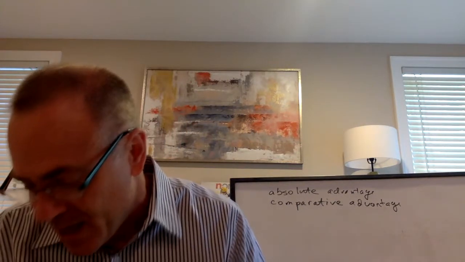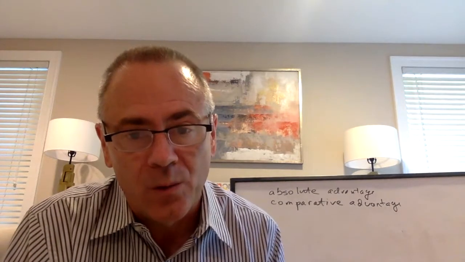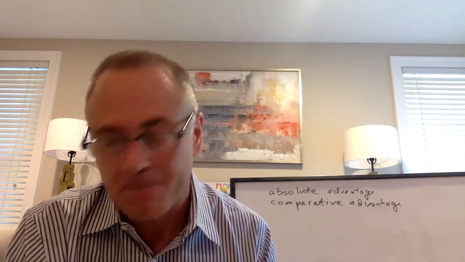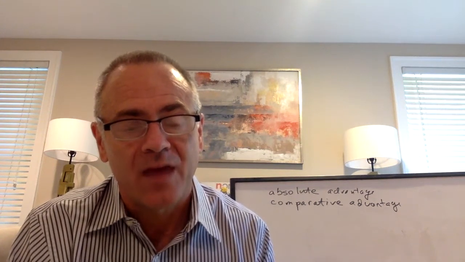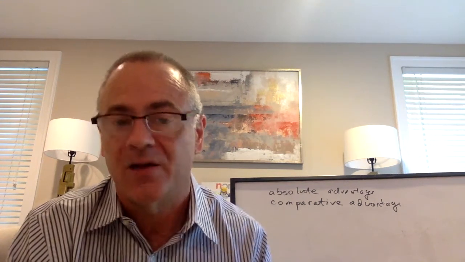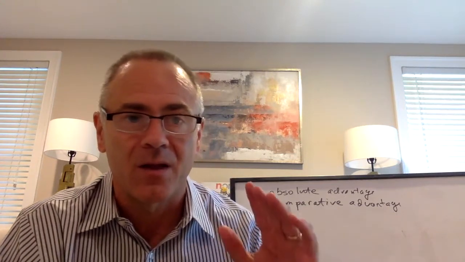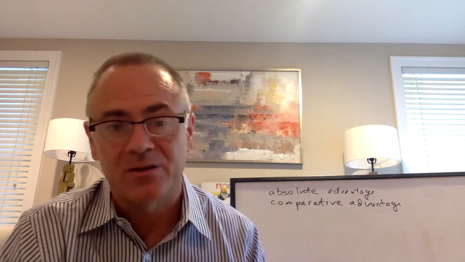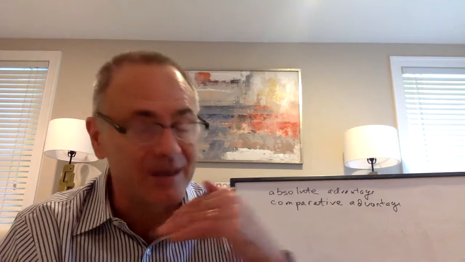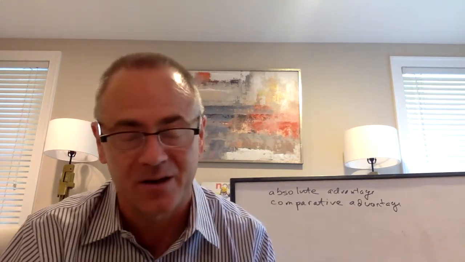By the way, I'll say this again later. With absolute advantage, we'll always look at two countries or two people. One person or one of the countries could have the absolute advantage in neither of the tasks, in only one of the tasks, or in both of the tasks. It will depend on the situation.